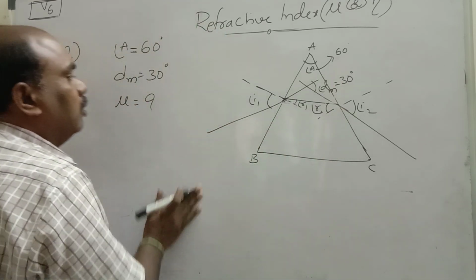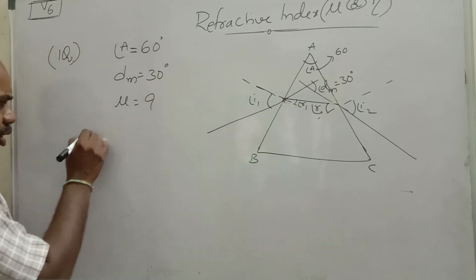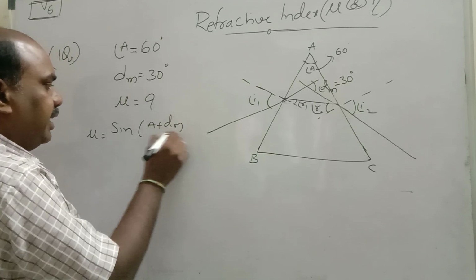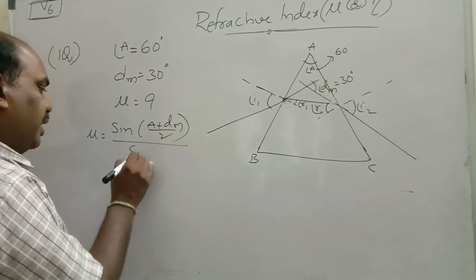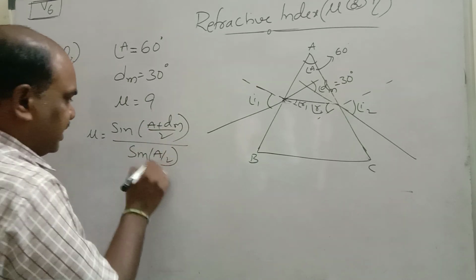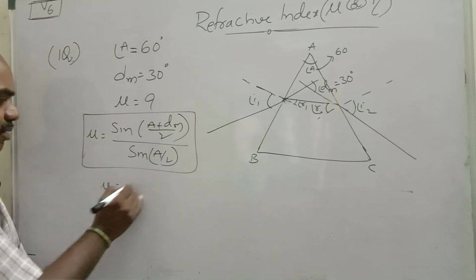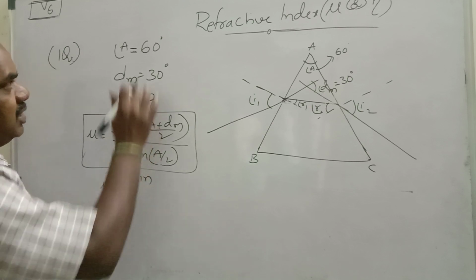These conditions we know. Directly we know the formula: mu is equal to sin of (A plus Dm) by 2 by sin A by 2. This principle we know, we just derived it. Simple logic, no? Mu is equal to sin of (A, how much? 60.